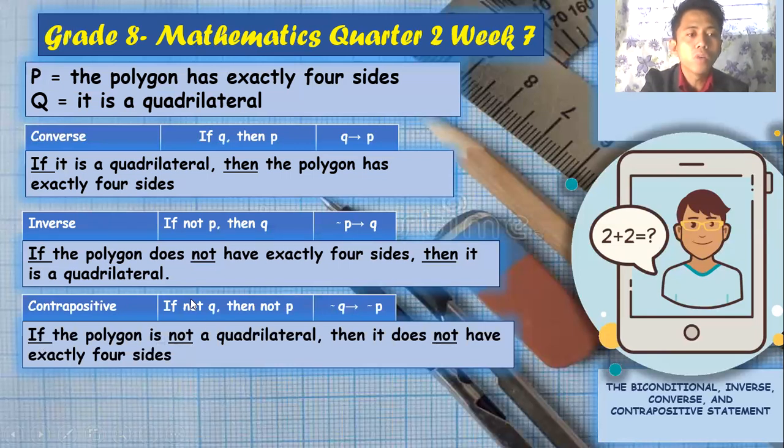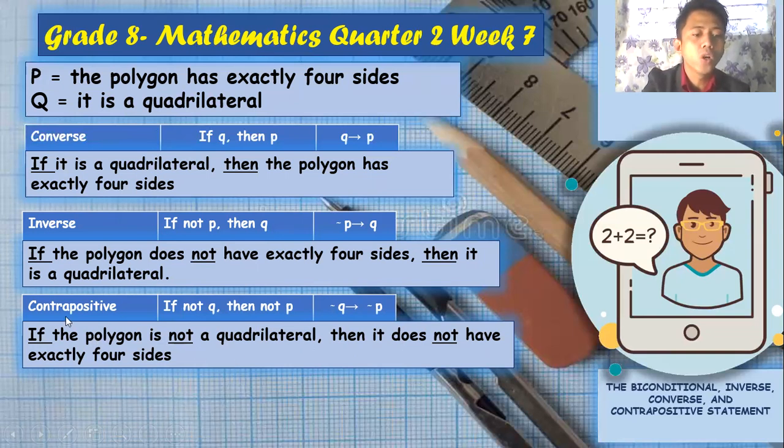So what is the negation of Q? It is not a quadrilateral. So we have it is not a quadrilateral here, followed by the word then. So we have the word then here. Then not P. So what is our P? This is our P. So the negation of this is the polygon does not have exactly 4 sides. So after then, it does not have exactly 4 sides.